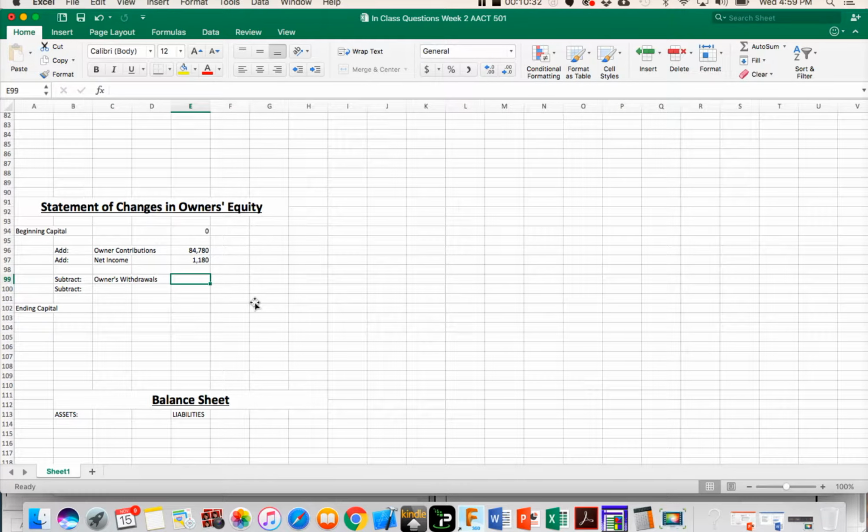I can either list that as a positive number and just make sure that I'm subtracting it, which is kind of a preference thing, or I can list it as a negative number and just add all the way down. Probably in Excel, the easiest thing to do would be to list it as a negative number.